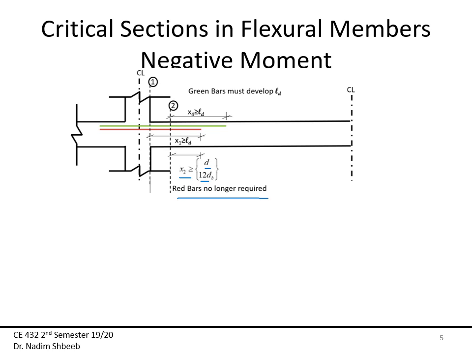But the green bars also must develop the development length, and this is x1 by the way, which also should be more than Ld. So now the green bars technically are going to have the development length at section 1, and then you're going to have another development length for section 2.